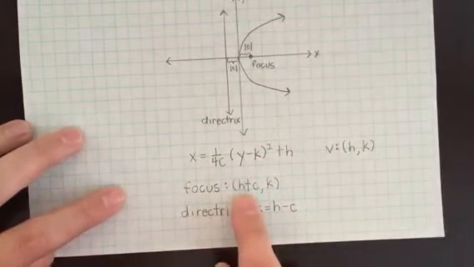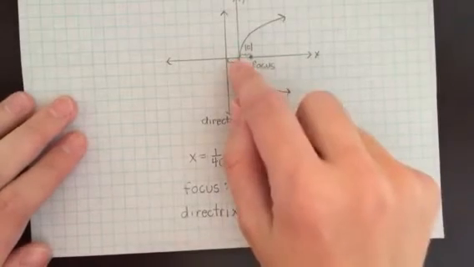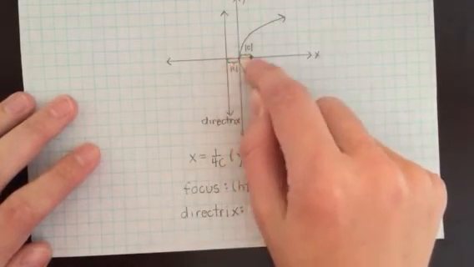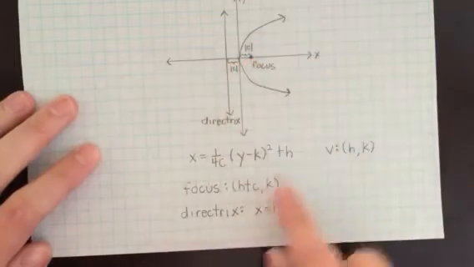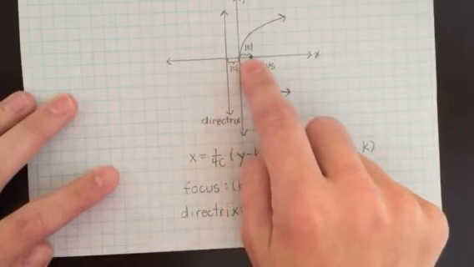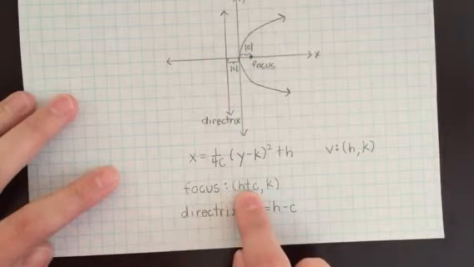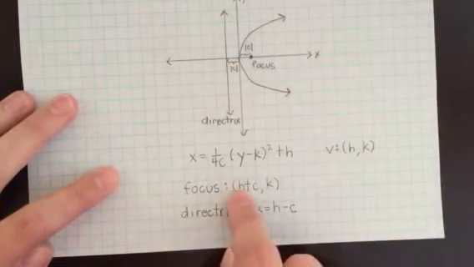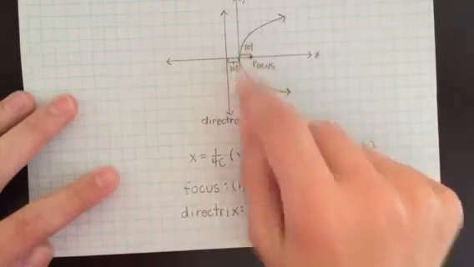So here our focus, what you'll notice is from my vertex to my focus, they share the same y value. So the k will stay the same. What changes is the x value. So to get the focus, the x value of the focus, you're going to take the x value of the vertex and add C, because that's the distance.